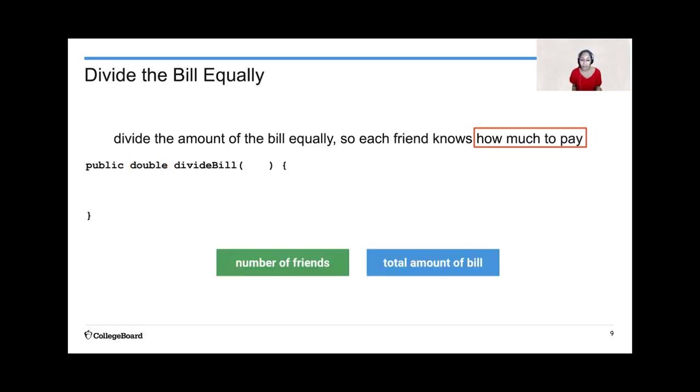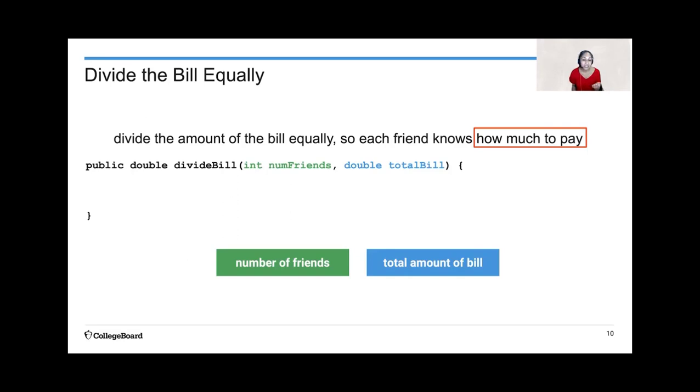So we said earlier, we need to know the number of friends that I'm splitting this amongst, and I need to know the total amount of the bill so that I can use that in my calculation. So I'm going to plug that into my parameters. My number of friends, of course, is going to be a whole number because I can't really have a piece of a friend, so that's not going to be a double or anything like that.